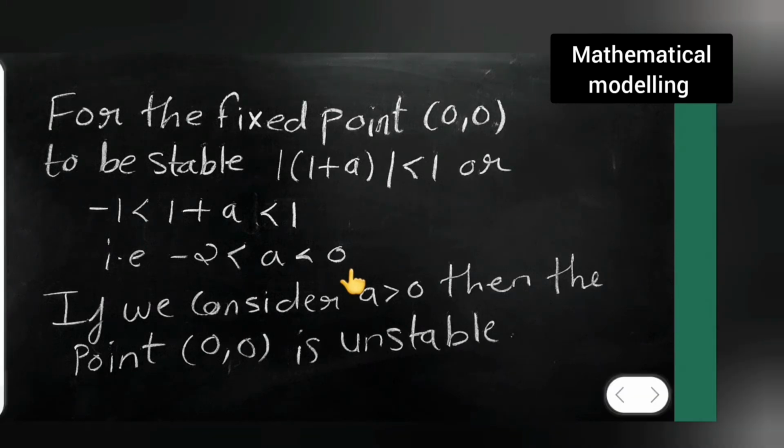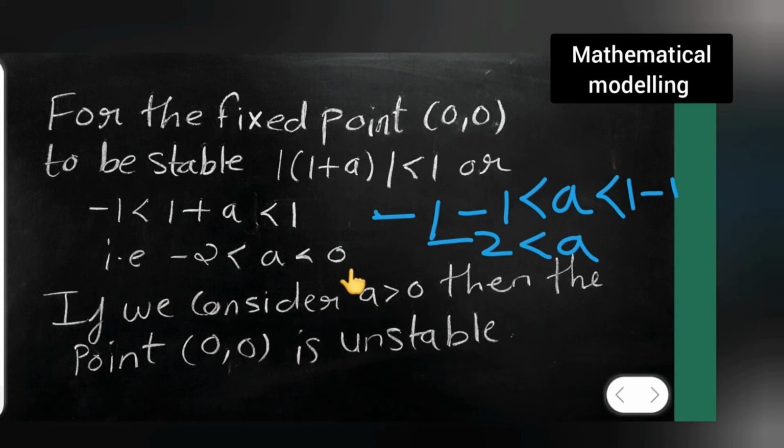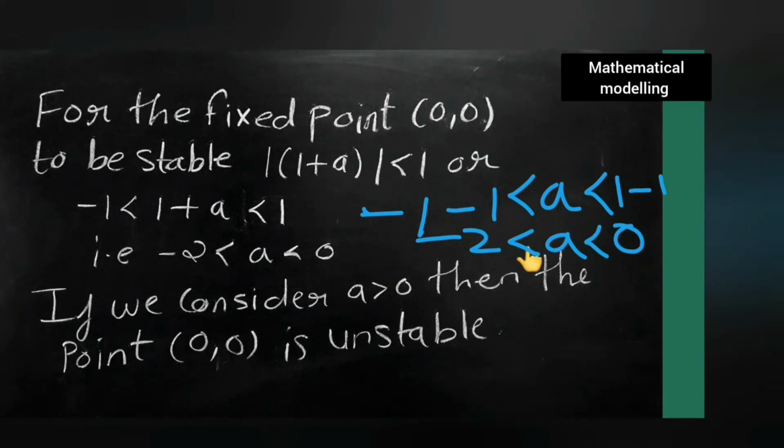So you will get minus 2 less than a less than 0. Okay, this is how you all get this step. If we consider a greater than 0, then the point 0 comma 0 is unstable.